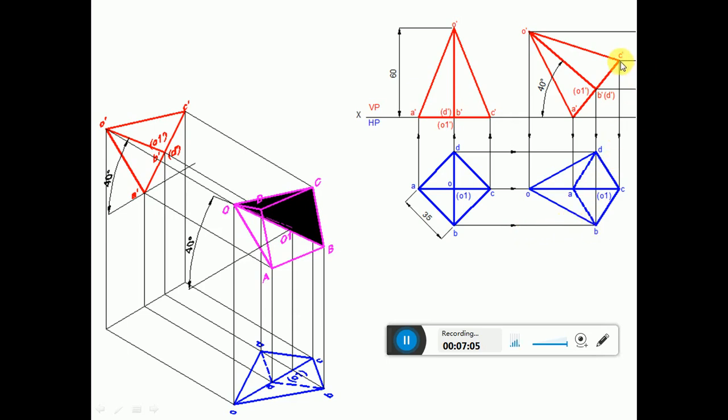And now draw a vertical projector from C dash and a horizontal projector from C to get this point C. Once you get these points, then join them with a continuous thin line.